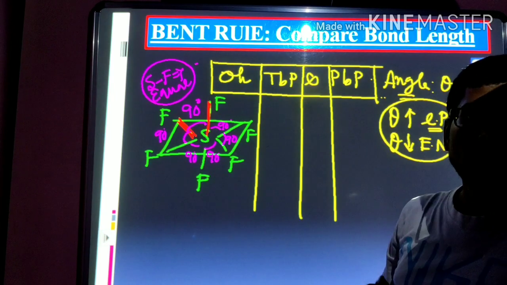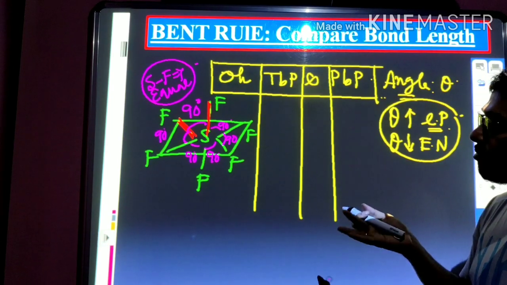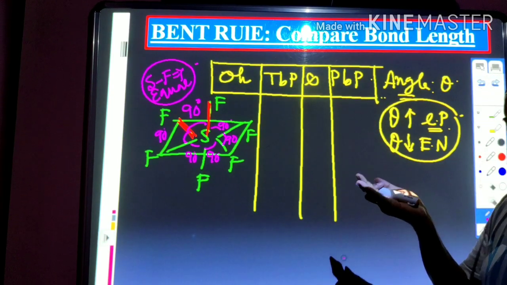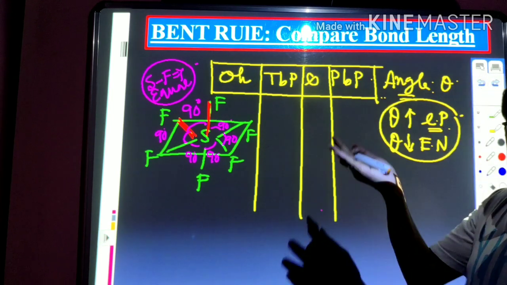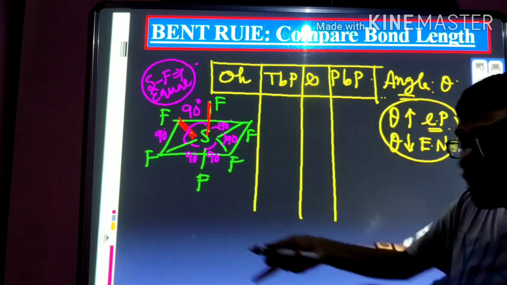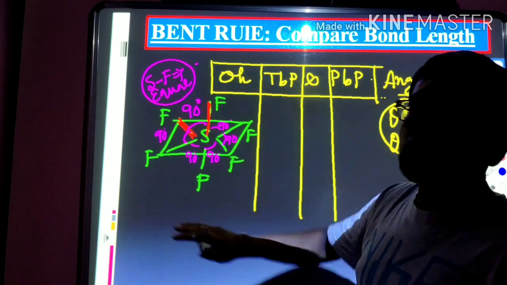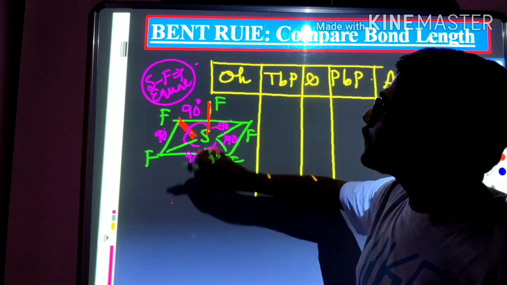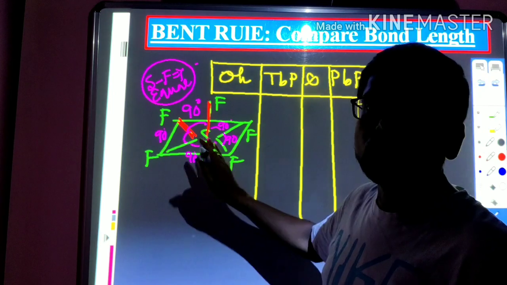We know that if the percentage of S character increases, then bond angle increases and bond length decreases. But here all the bond angles are the same, so no need to bother about variations in bond length. All the SF bonds will be equal here.